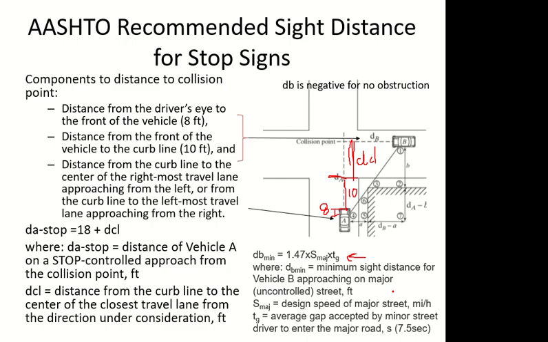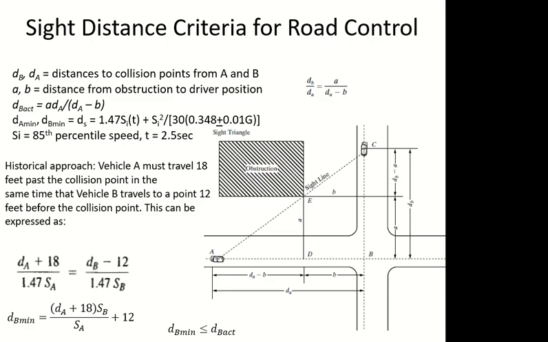Okay, and again, once you have calculated this distance, you will do what? You will go back to this ratio, and you will check if minimum dB is actually available or not. Okay, so now you have three criteria to check for the available distance.